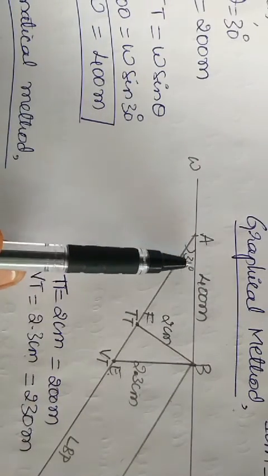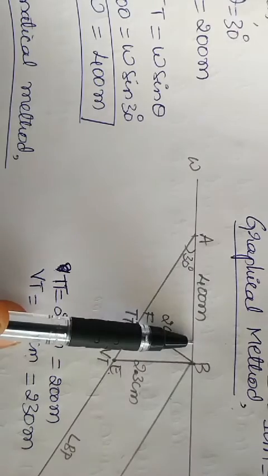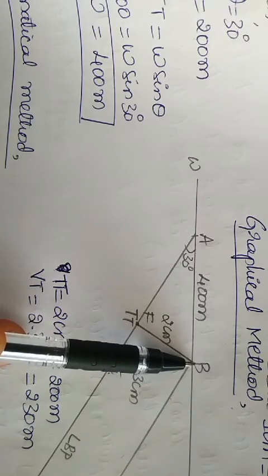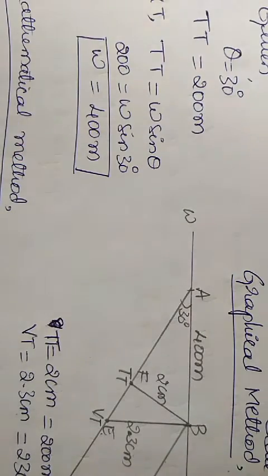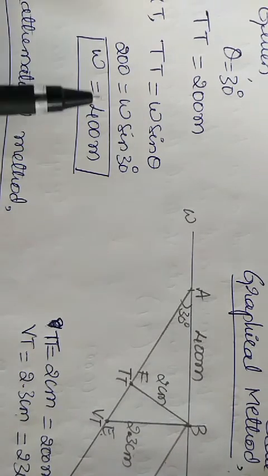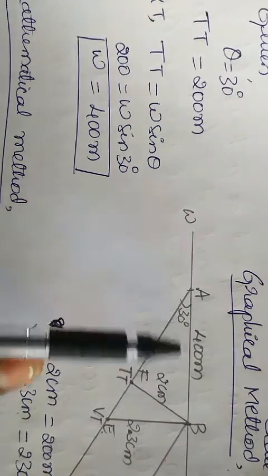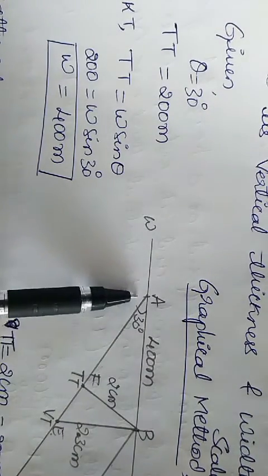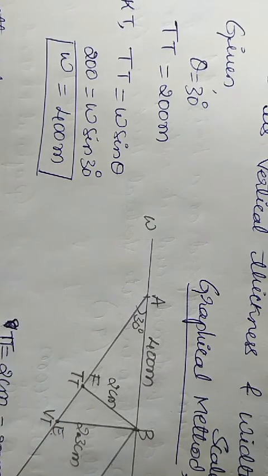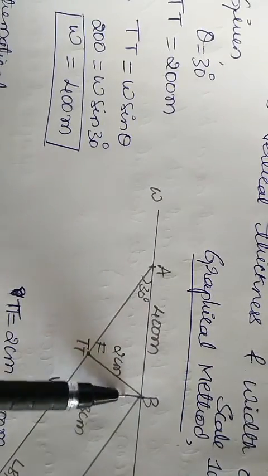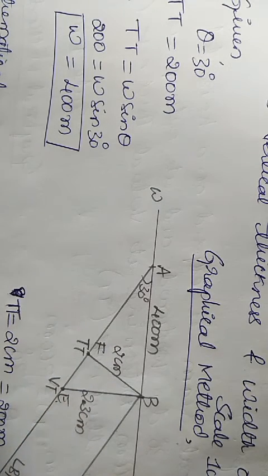So from A measure 4 centimeters and mark the point B. Theta is 30 degrees eastwards. From A measure 30 degrees towards the east to get the lower bedding plane, and from B again measure 30 degrees to get the upper bedding plane.